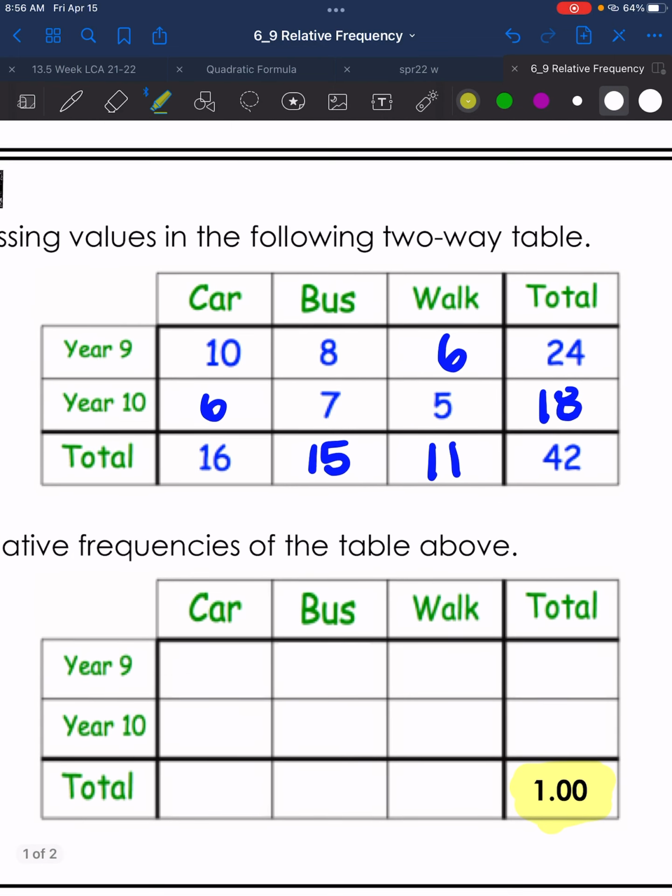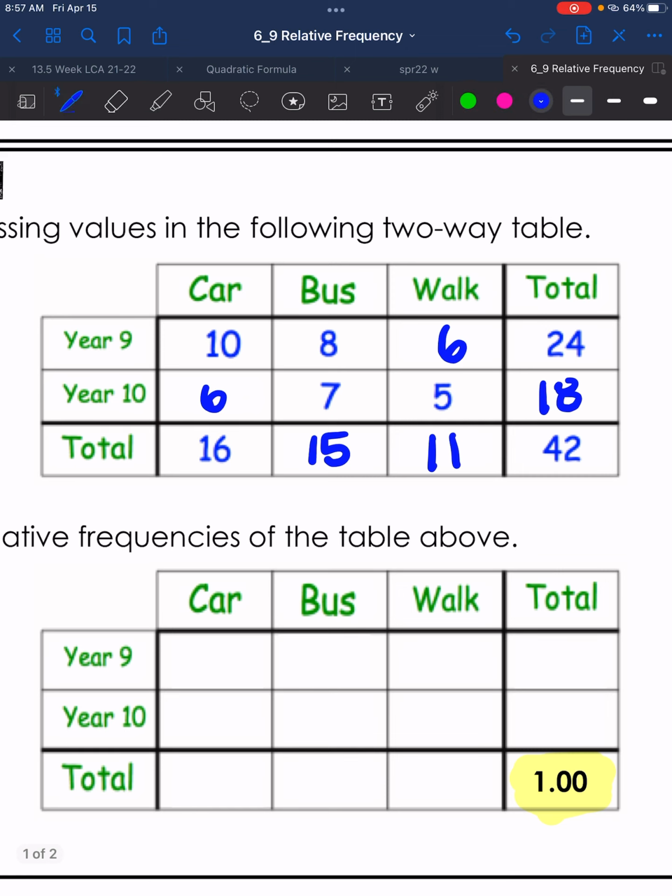So in this box, for people in the 9th grade who drive a car, we would take how many there were out of the total. There were 10 out of 42, and I would have to find the decimal for that.